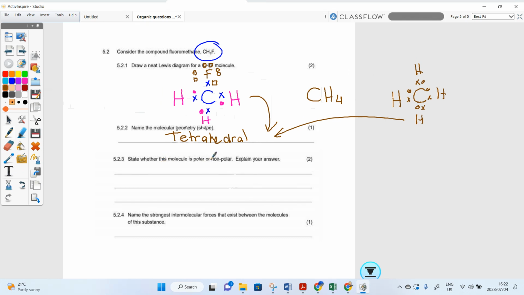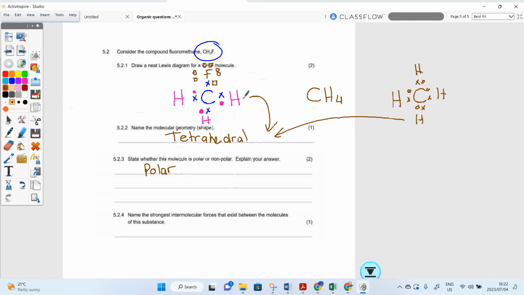But now they're asking, state whether this molecule is polar or non-polar. It's polar. Does a polar molecule have to do with electronegativity, Rory? There's also a difference in electronegativity in CH4, so that's not what determines that it's polar. The reason why it's polar is because it's not symmetrical.